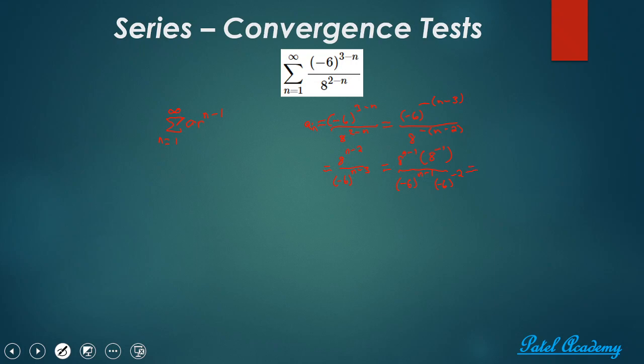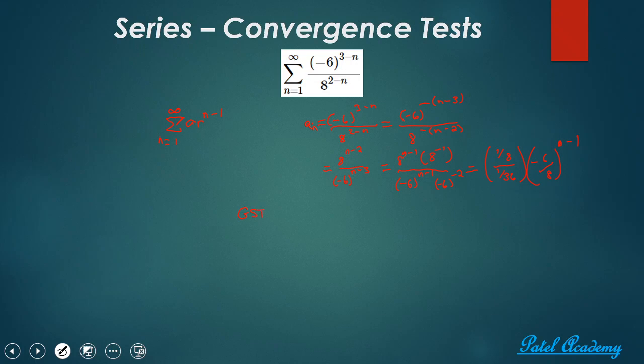Our a value then becomes 1 over 8 divided by 1 over 36, and then times negative 6 over 8 to the power of n minus 1. And so now what do we notice? So now we use the geometric series test.